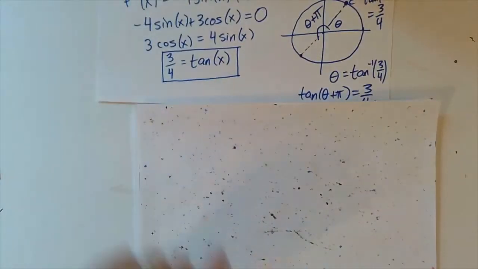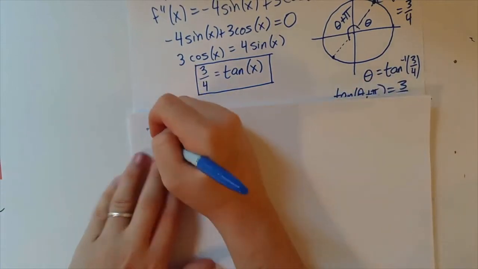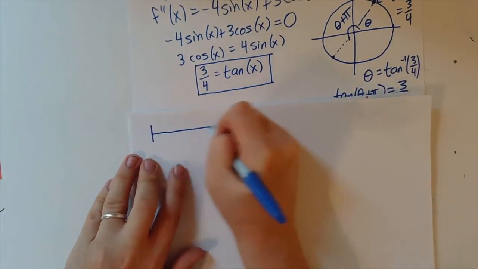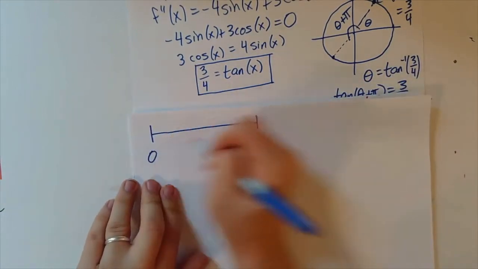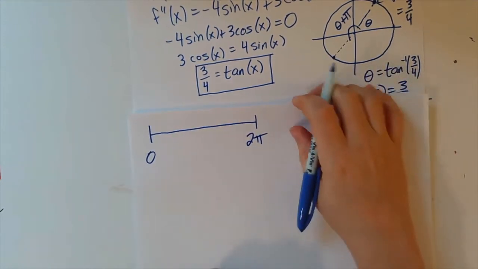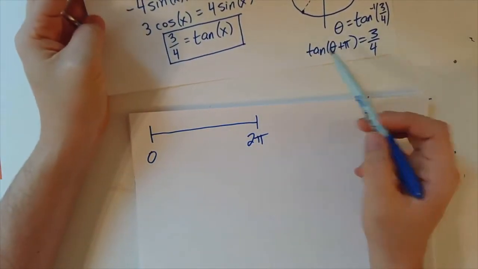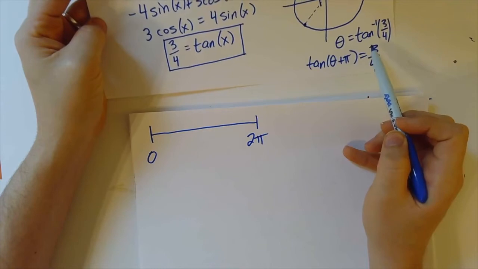Okay, so that means that when it comes time for me to draw out my number line and ask myself, hey, where is the second derivative 0? That is, where between 0 and 2 pi is it possible that the function changes concavity? There's two places, which are theta and theta plus pi.